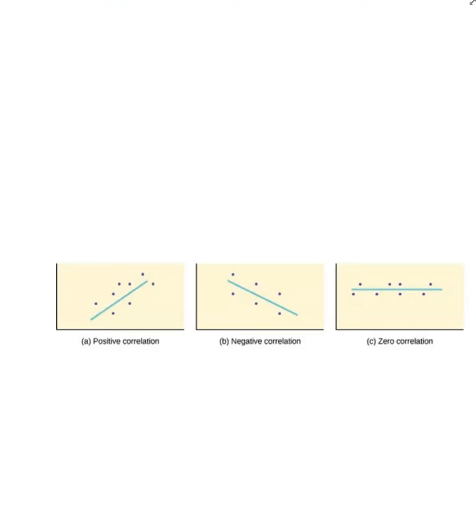So here's a picture of three possibilities, right? You have the left picture. This is a positive correlation. To give the definition in mathematical language, we say as x increases, y also increases.